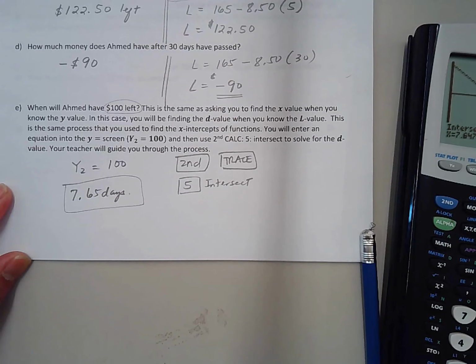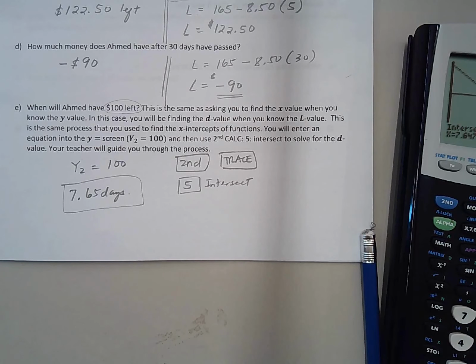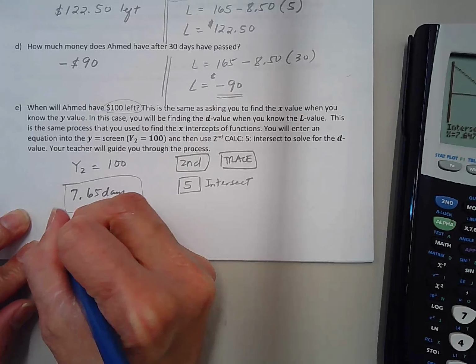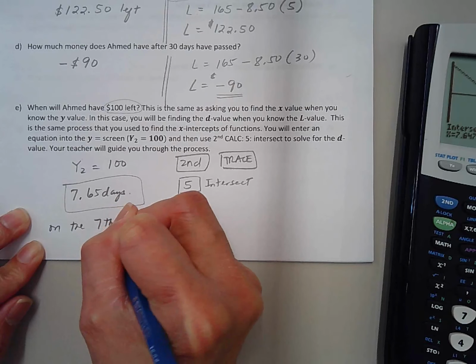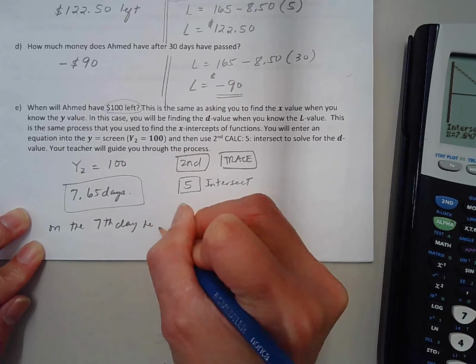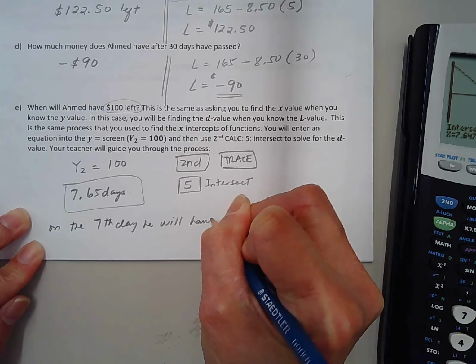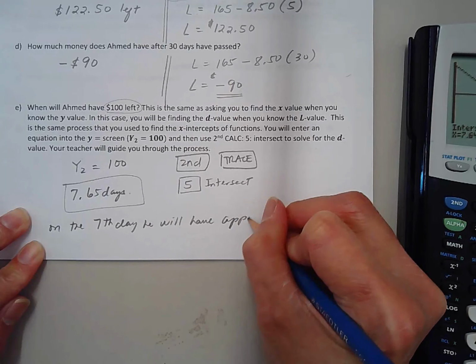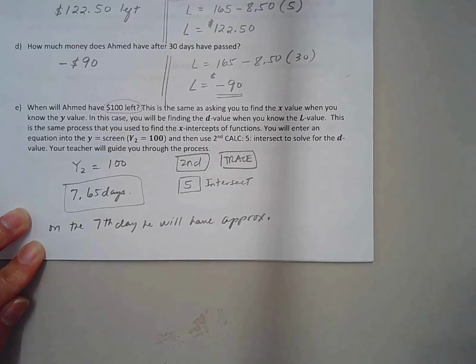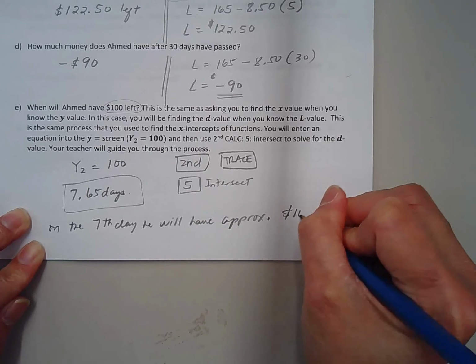Now, we might have to round it off properly, because 7.65 days doesn't look like a real day, right? So you can say on the 7th day, he will have approximately $100.